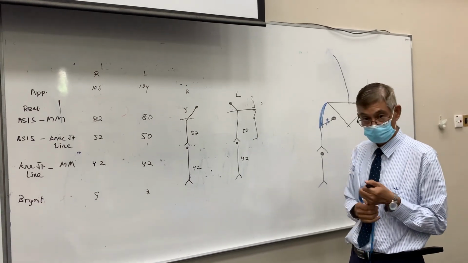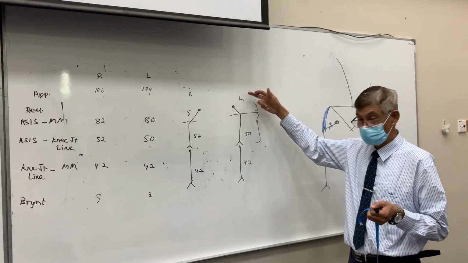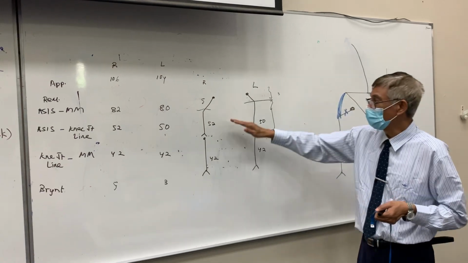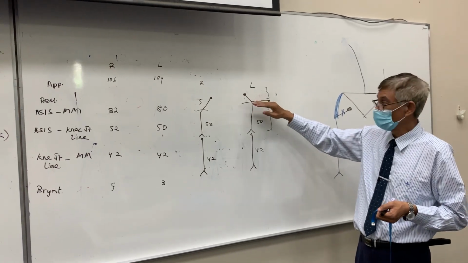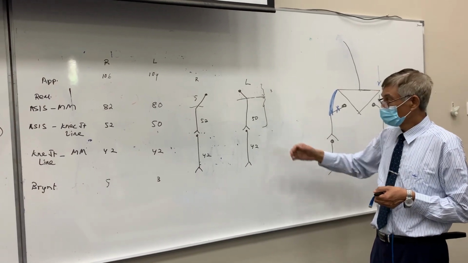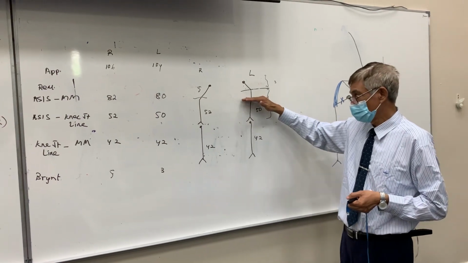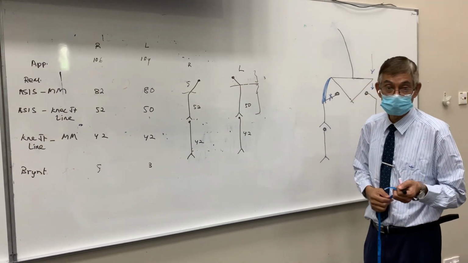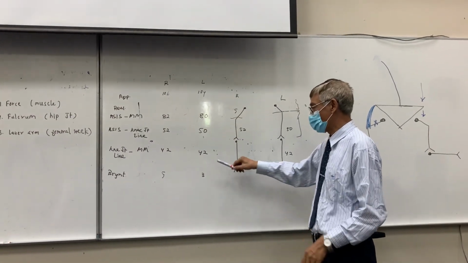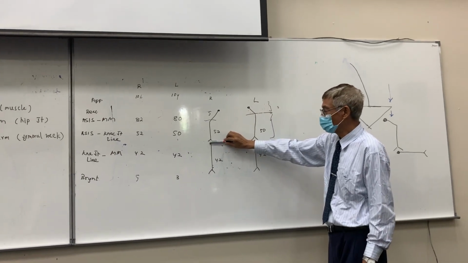So now you see the shortening is above the greater trochanter. According to the Bryant's triangle, now you know the shortening is above the greater trochanter. So you can exclude the lesion below the greater trochanter. From the rear end, now you suspect the shortening is above the knee joint line.